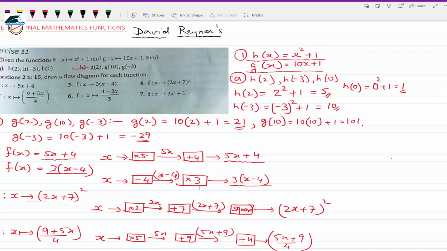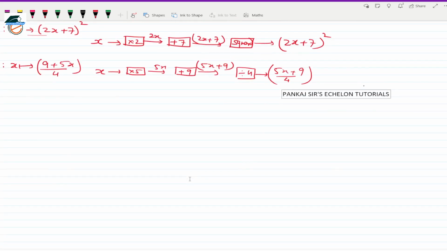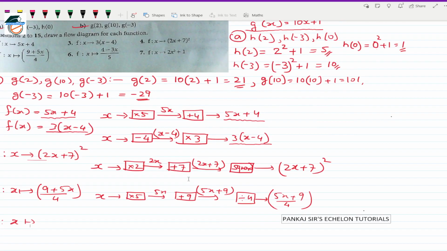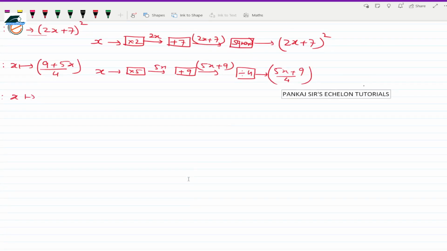It's f of x equal to 4 minus 3x whole upon 5. So the function is 4 minus 3x upon 5. So this arrow properly, 4 minus 3x whole upon 5.